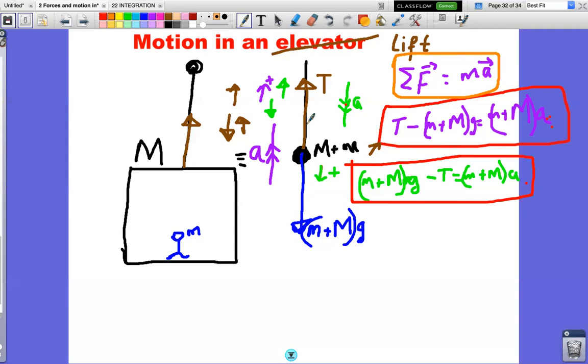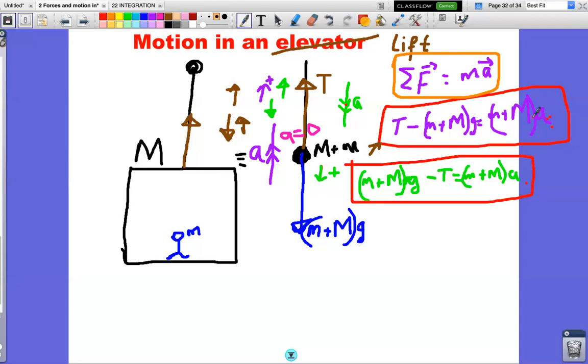Now, the last case, if this lift is moving with constant velocity, you know, when the lift takes you from the 25th floor, it will first accelerate and then move at constant velocity and then decelerate, right? Let's say it's moving at constant velocity, whether upwards or downwards. In other words, acceleration is 0.